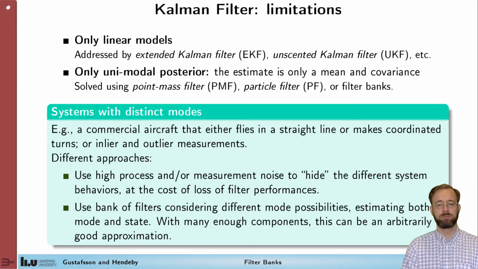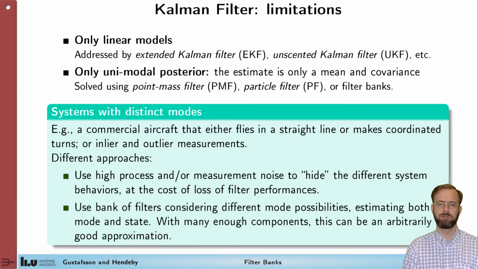Another limitation is that it encodes the posterior distribution, so the estimate, as just the mean and the covariance. That means it cannot encode several different solutions at the same time. One way to solve this is the point mass filter or the particle filter, or, as we will discuss today, the filter banks.